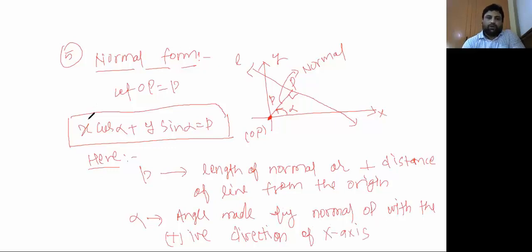So this is called the normal form: x cos alpha plus y sin alpha is equal to p. In some books they give x cos omega plus y sin omega is equal to p. It doesn't matter. Here alpha is the angle made by the normal with the positive direction of the x-axis. You need to keep this in mind.